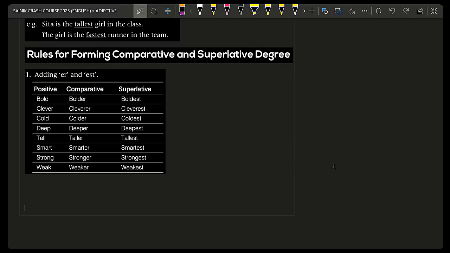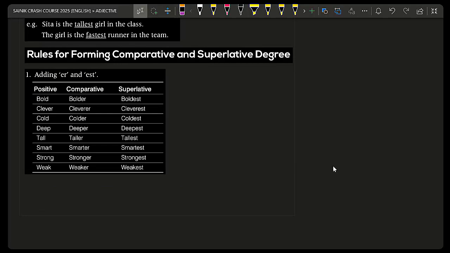Clever, cleverer, cleverest. Cold, colder, coldest. Deep, deeper, deepest. You can see for the positive degree, ER and EST are added and we get the comparative and superlative degrees. Every time it's not possible, but most of the time this will happen. Tall, taller, tallest. Smart, smarter, smartest. Strong, stronger, strongest.